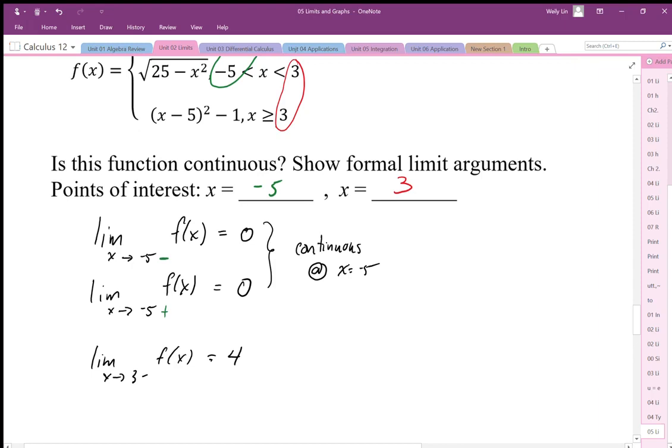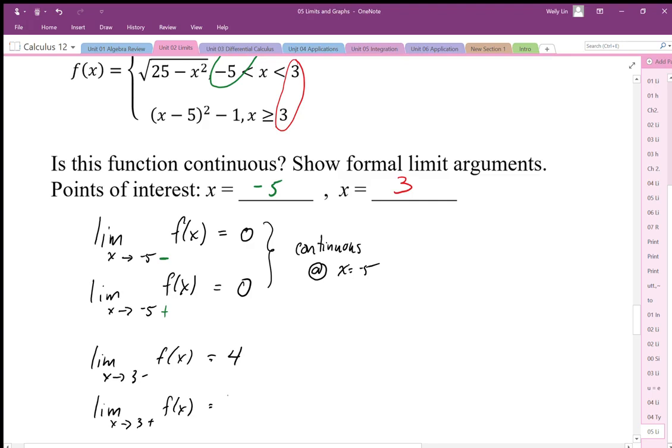Now I test it from the right-hand side, in the other equation. When I plug in the 3 into this equation, I get 3 minus 5 squared. That's 3 minus 5 is -2, squared is 4.